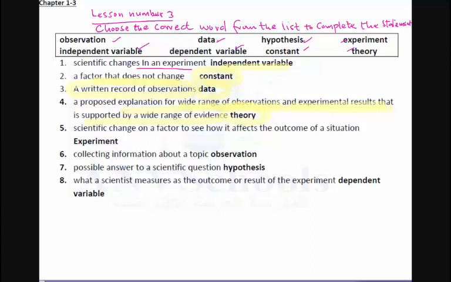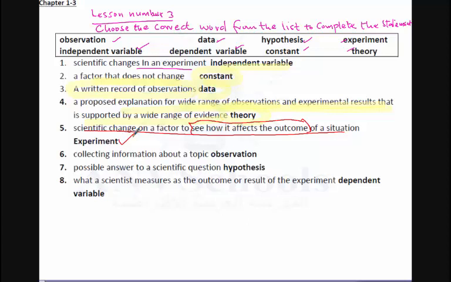Number 5, scientific change on a factor to see how it affects the outcome of a situation. When you carry out scientific changes on a factor to see how it affects the outcome, what you are doing is an experiment.